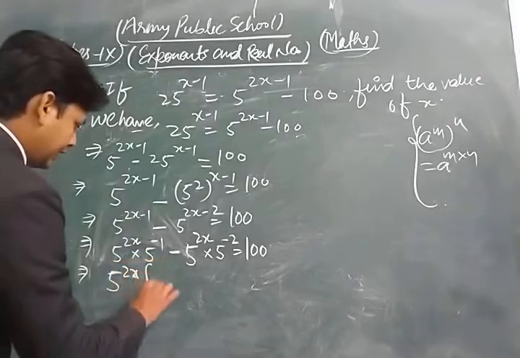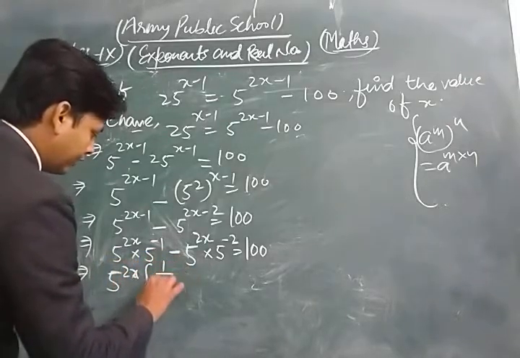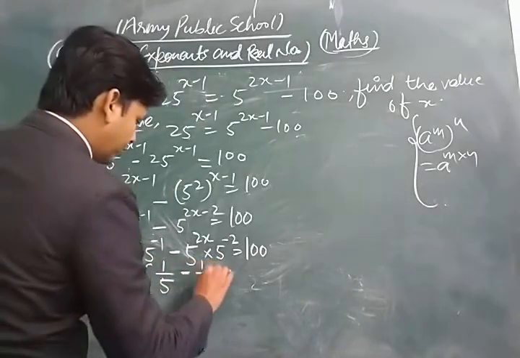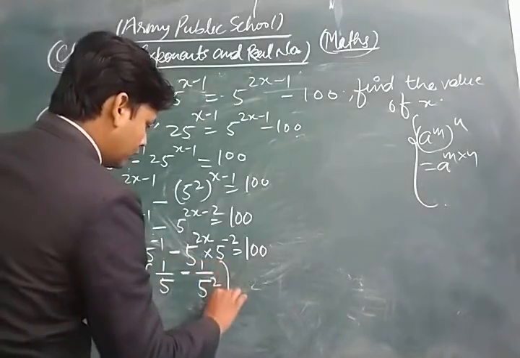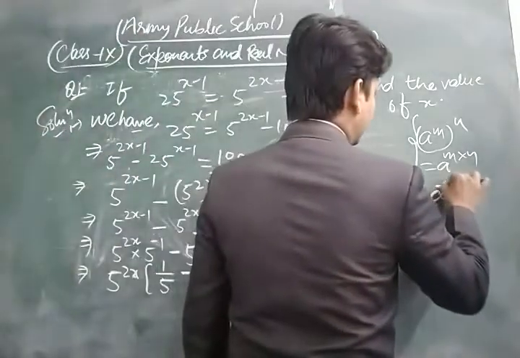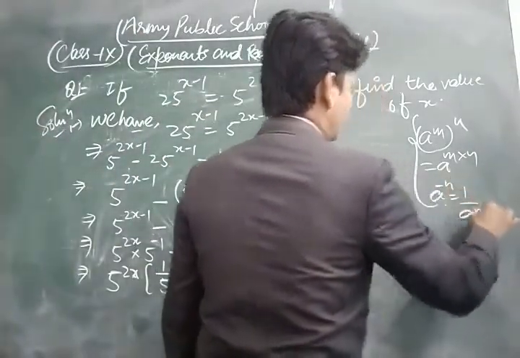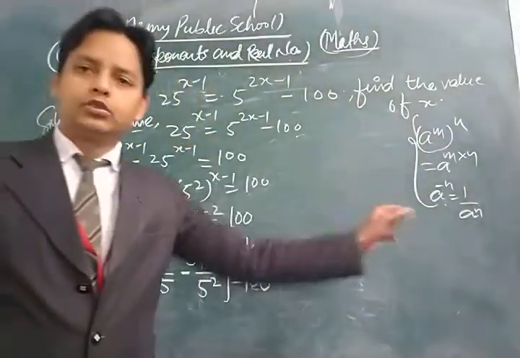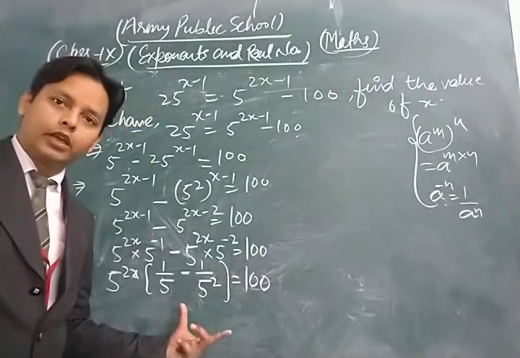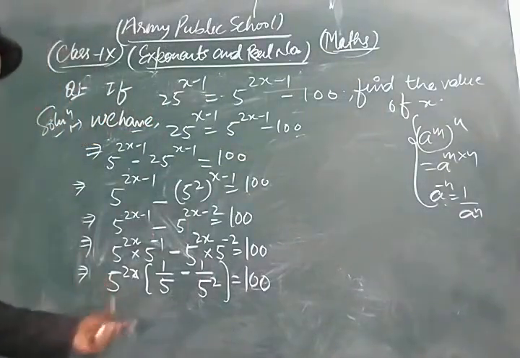So we can write 5 to the power minus 1 means 1 upon 5, minus 5 power minus 2 means 1 upon 5 to the power 2, because we know that a power minus n we can write as 1 upon a to the power n. This is also a very important law of exponents, so according to that concept we can write this. Now we simplify them.